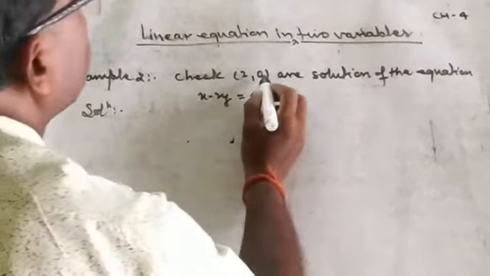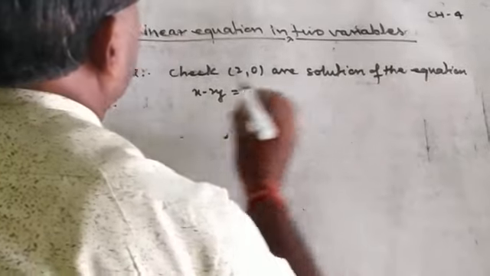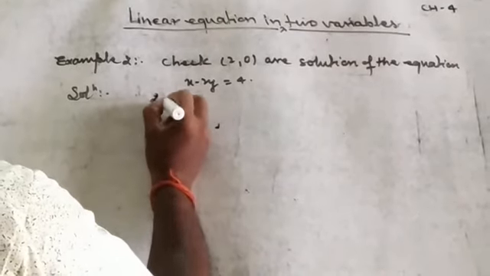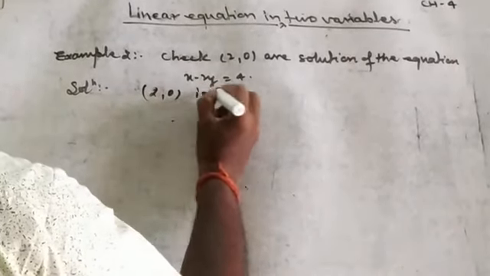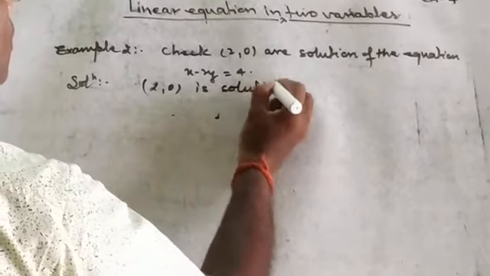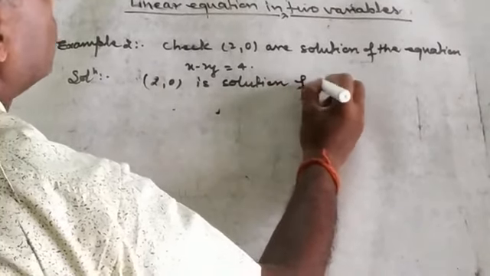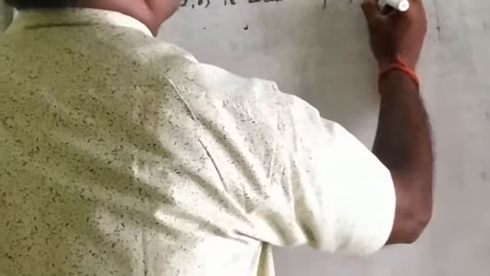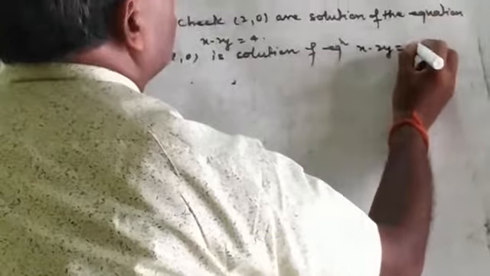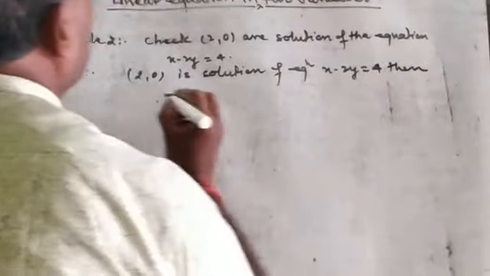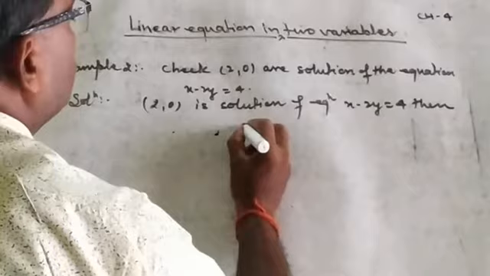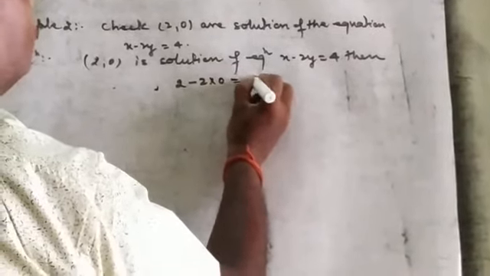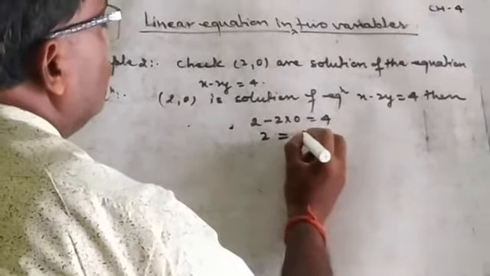Check whether 0, 2 is a solution of the equation x minus 2y is equal to 4. Then you put the values of this one. x is 2, minus 2 into 0 is equal to 4. Then 2 is equal to 4.